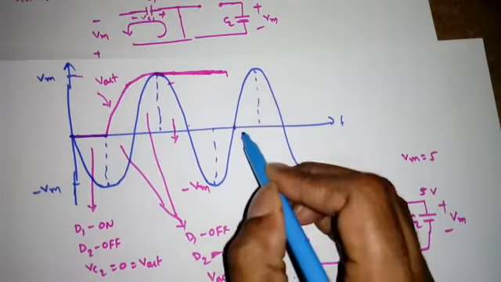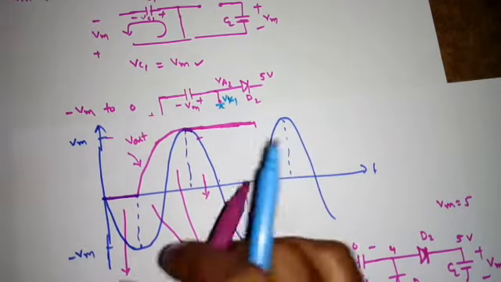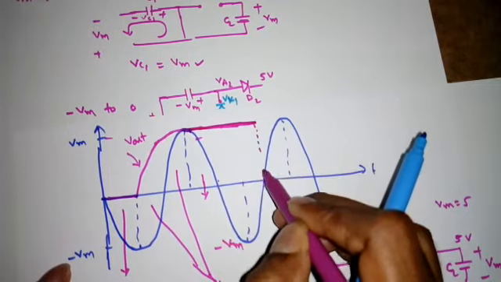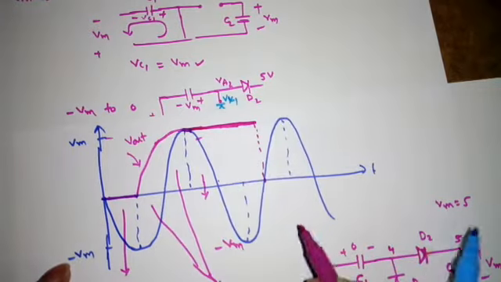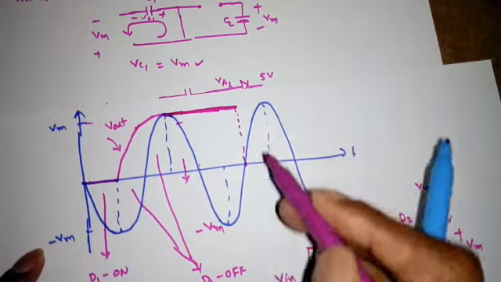So from minus Vm to 0 also, the capacitor voltage C2 will be the same because there is no path. So up to this value, the Vout follows that Vm only, right? Now what happens when we apply from 0 to again Vm?